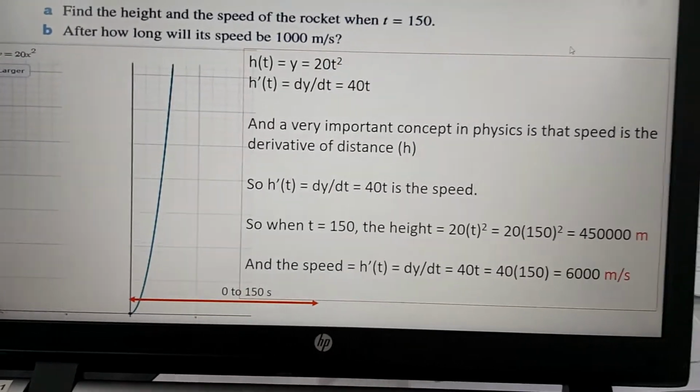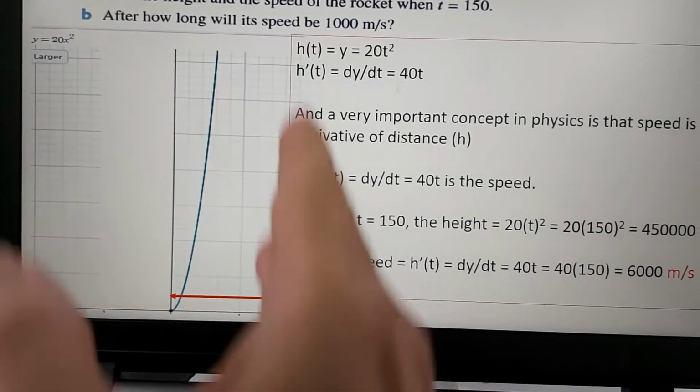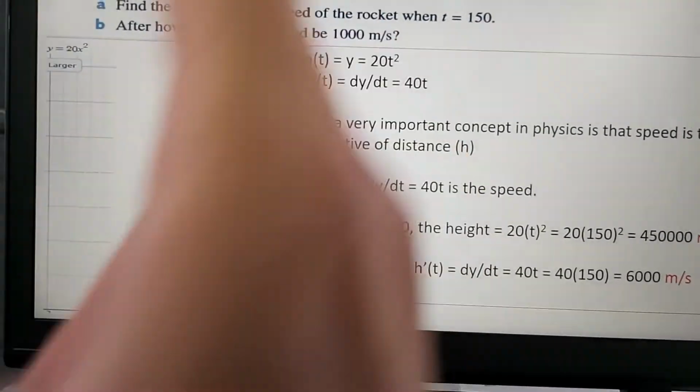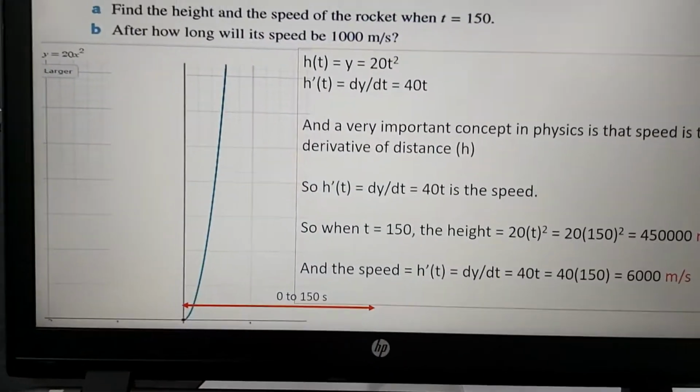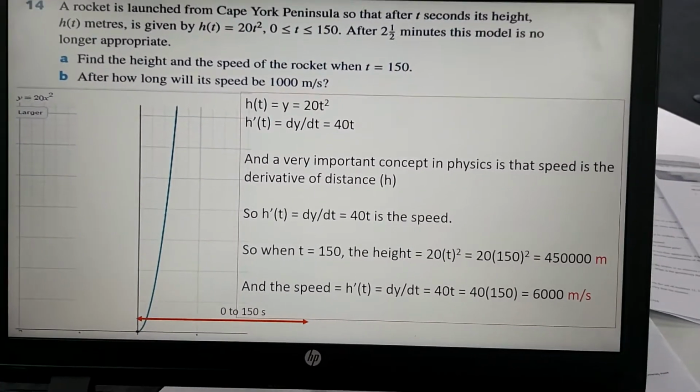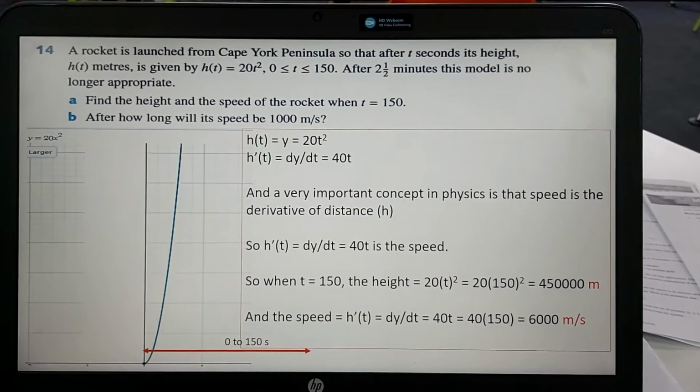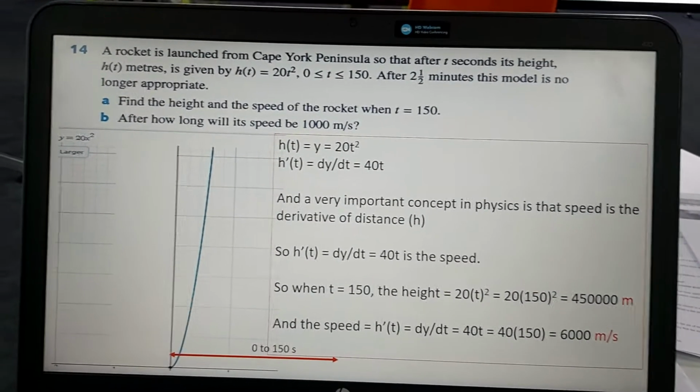The graph that we just plotted is a distance-time graph, distance (height) against time. And the gradient of this curve represents the speed, how fast this rocket is traveling. The gradient is the speed.